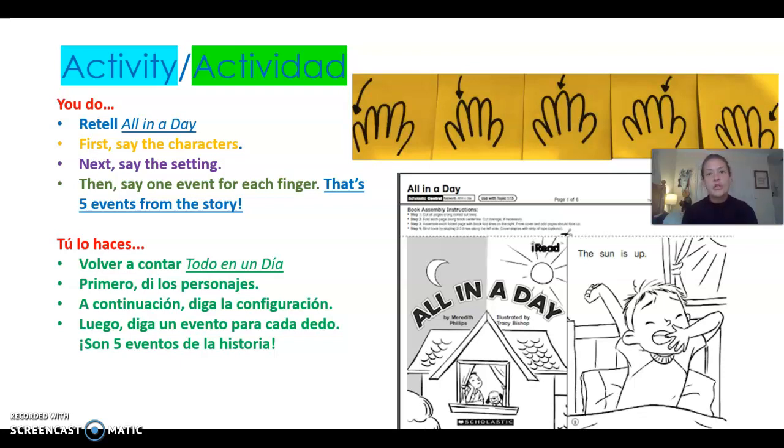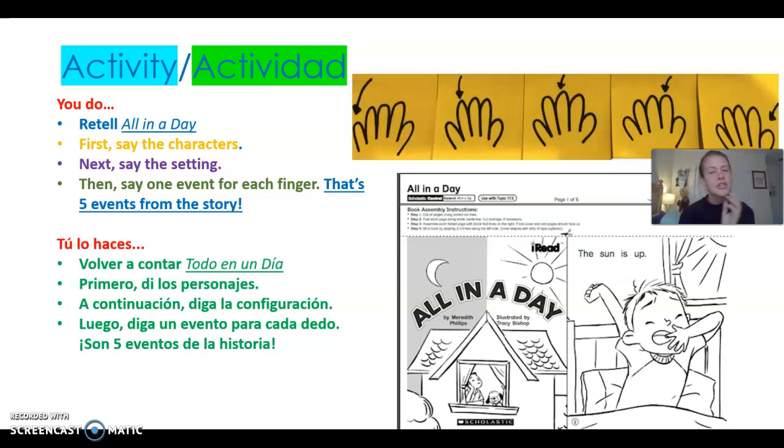So we're going to do a whole retell, not just events. We're going to do the characters, the setting, and then 5 events from the story. And you can retell this to anyone in your house, your grandma, your brother, your dog, your pet fish, anyone, okay? So I really hope that this is a good story for you guys and that you can retell the story because you've read it so many times.